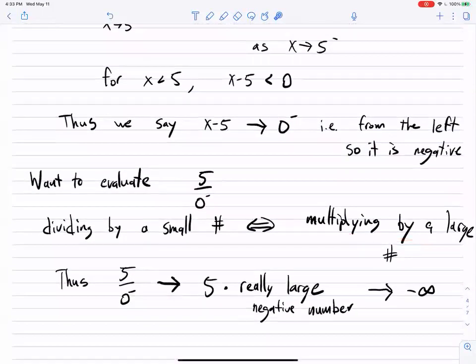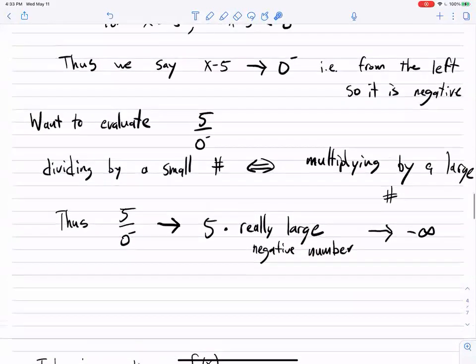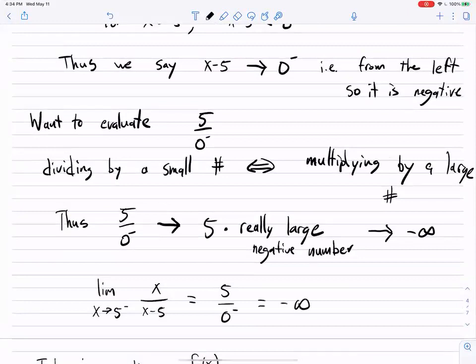So it's 5 divided by a really small negative number, which is 5 times a really large negative number. So it's going to be negative infinity. And so the limit as x approaches 5 from the left of x over x minus 5 is really 5 over 0 minus, which we're going to say is equal to negative infinity.